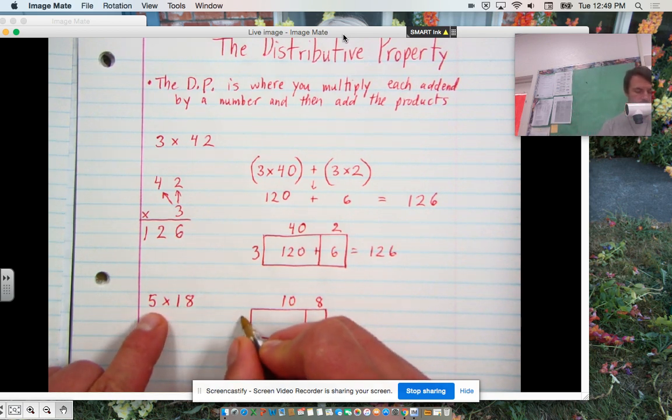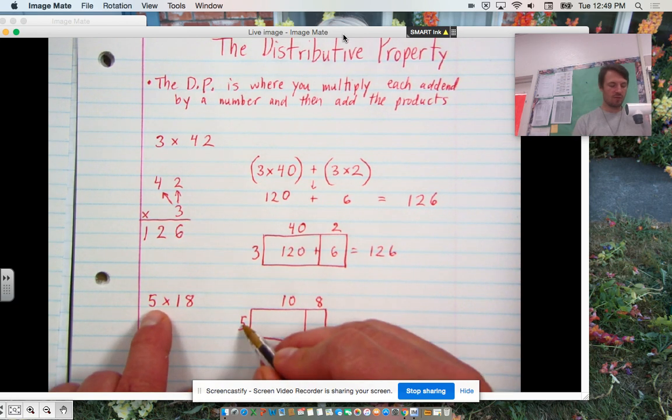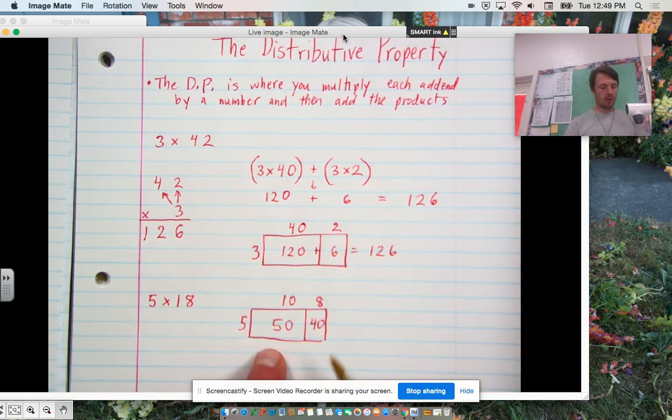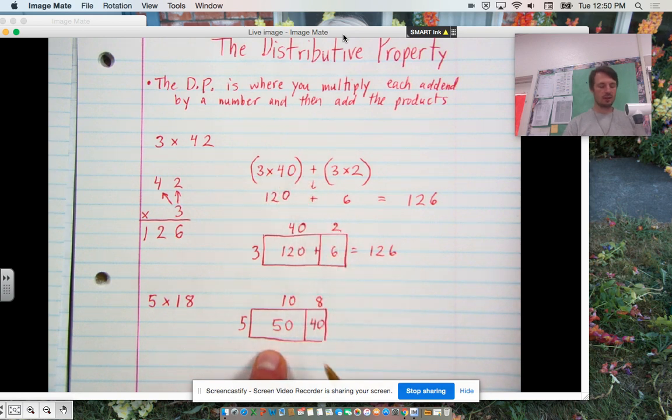Now, the number we're multiplying by, the 5, goes on the side. Now we just multiply them separately. 5 times 10 is 50, and 5 times 8 is 40. Notice if we want to use the expression way with the parentheses, it's pretty easy to go from this to that.